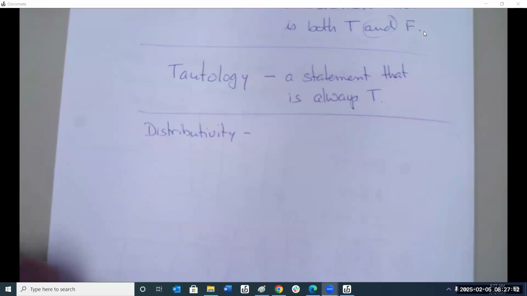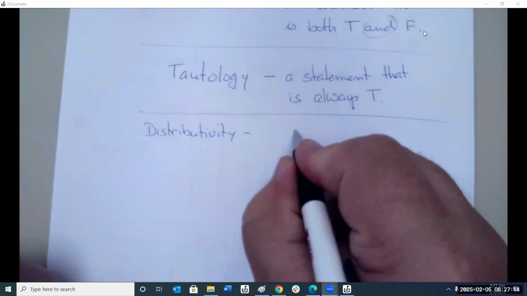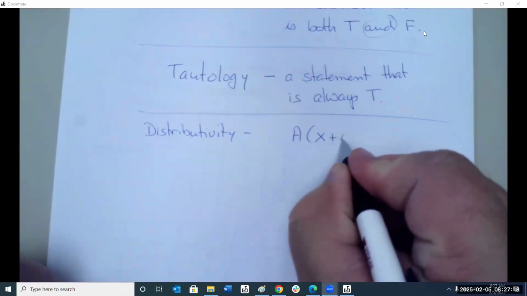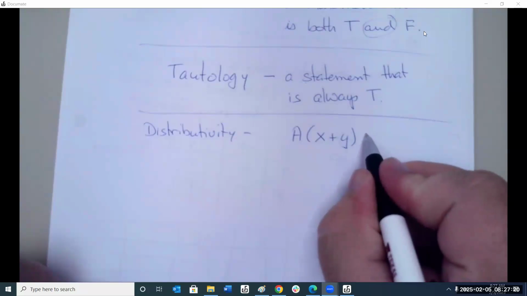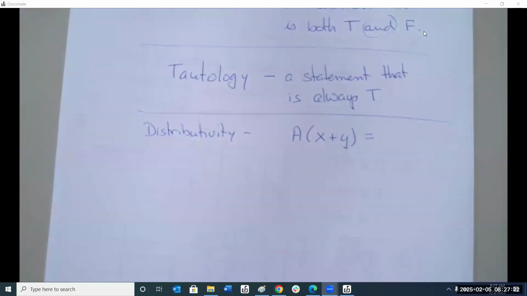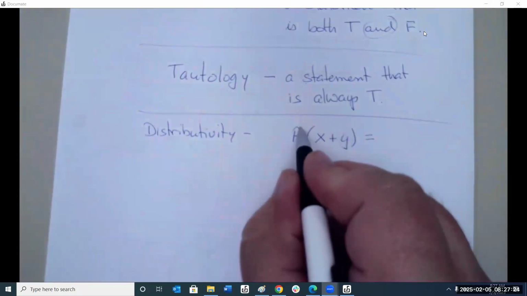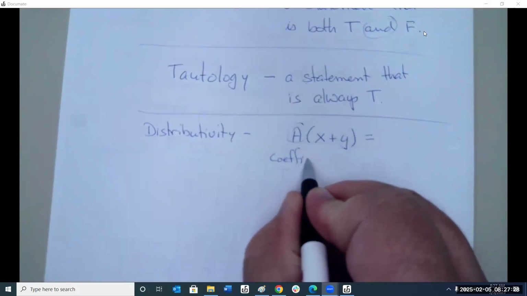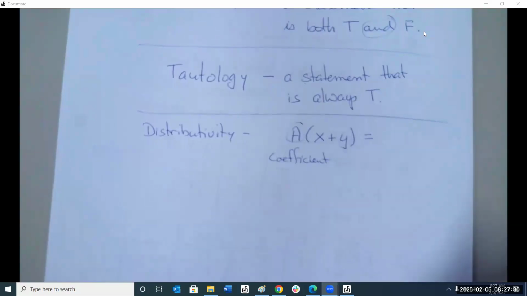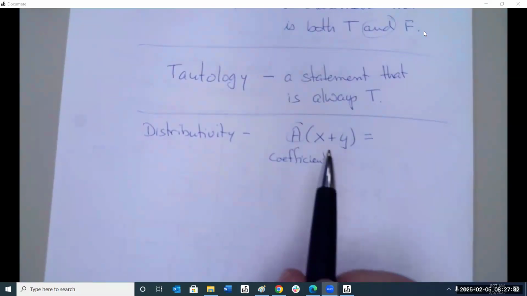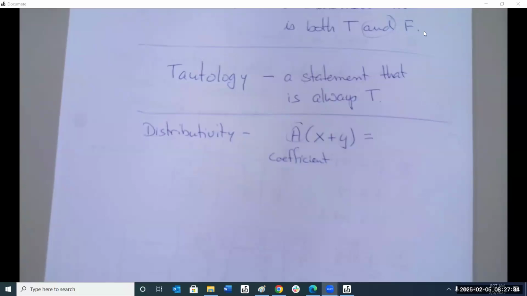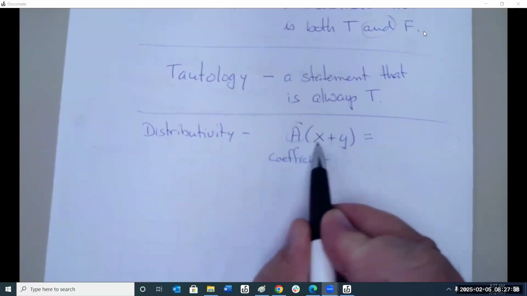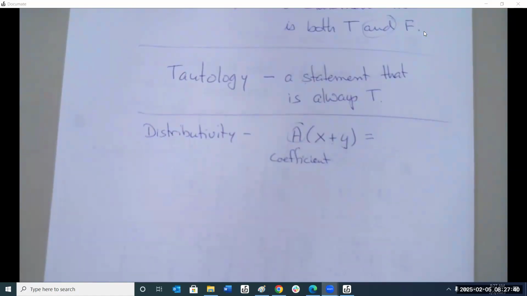In algebra, the distributive property looks like this, where you have a number in front called a coefficient. The distributive property combines both addition and multiplication, because everything else in math has to be separated.